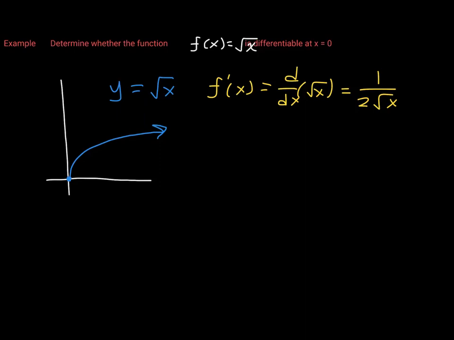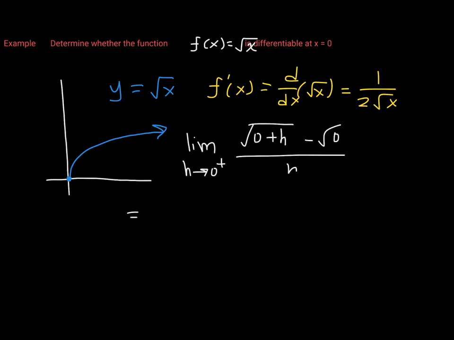Look at the definition. The limit as h approaches 0, of course, from the right, because the function's not even defined over here on the left, it'll be 0 plus h minus the square root of 0 all over h, right?